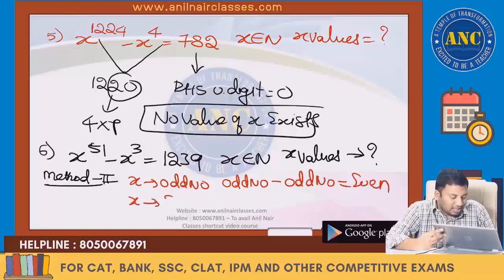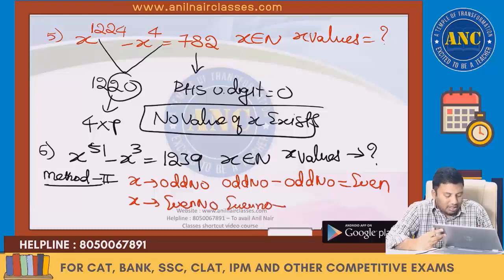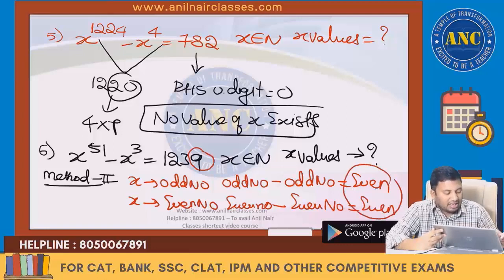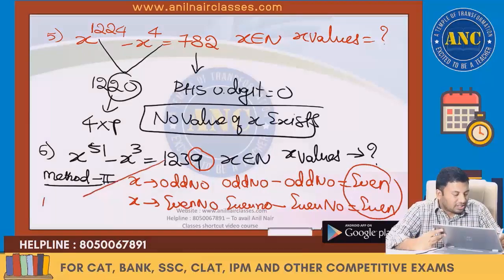If x is an even number, an even number to any power is an even number. So the right hand side should be an even number, but it is an odd number. So the answer for this question is no value for x exists.